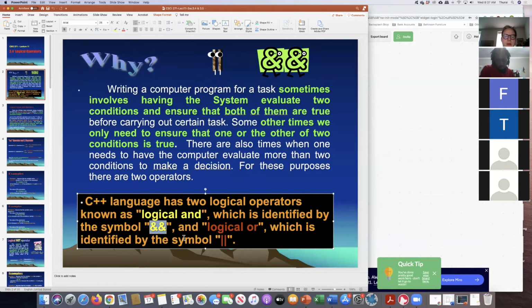That means you're combining 2 conditions with the and operator. Or operator is the 2 vertical line symbols. On the keyboard, it's shift slash. You need to put 2 of those vertical lines. It means or operation. We're going to see what they mean next.